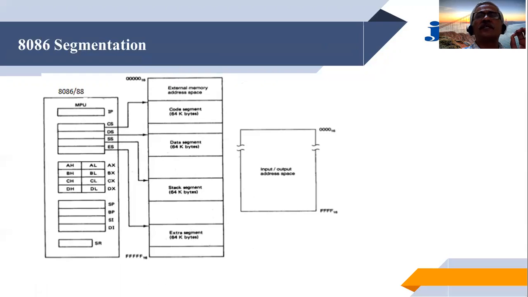Of course, if there is a requirement, because the segment limit is 64 kilobytes, we can increase it by using some other segment. Like the extra segment can be used as a code segment so as to increase its size, or they can be used in overlapping.